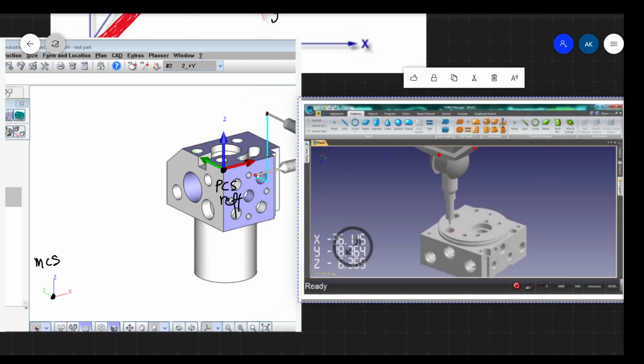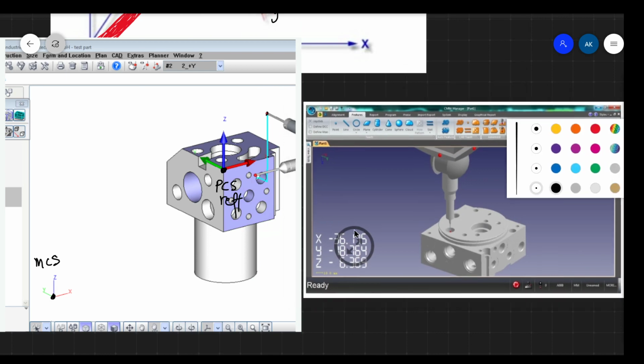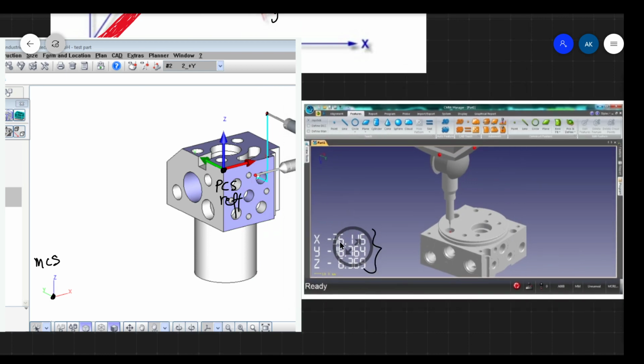Now here you can see, I guess, these are the coordinates. That minus 36. Now here you cannot see the reference point of the part coordinate system, but it would be anywhere, like some corner. Generally we take any one corner for the part coordinate system. So suppose if this is your x, of course it is not x, otherwise in this direction it would be x, or somewhere it might be here, who knows.